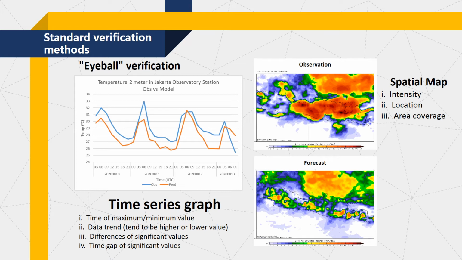We can identify the intensity of signal, then the location of signal, whether there is any spatial shifting or not, and then the area coverage: is the model smaller or bigger according to the observation data?